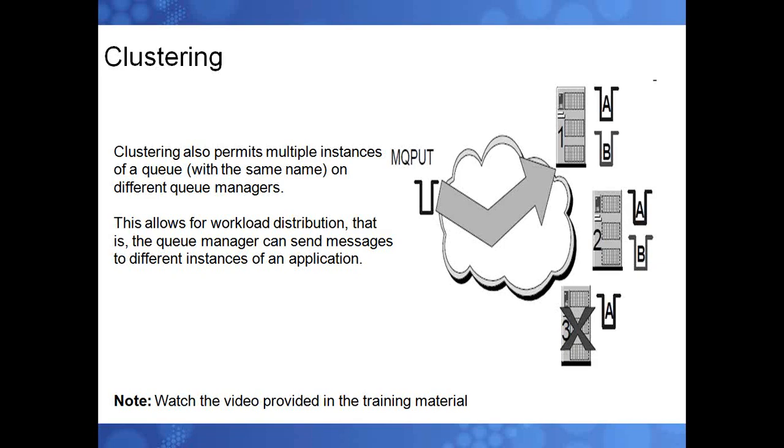If we have a huge load on a particular server, in order to share the load without disturbing the application or the entire structure, we can use the clustering concept. As I said, this is another beautiful concept which is going to be helpful in MQ as well as in the message broker.